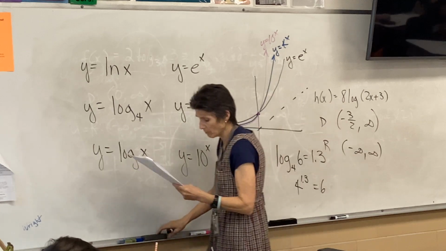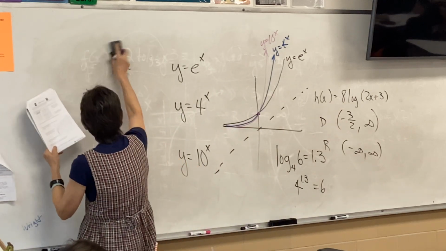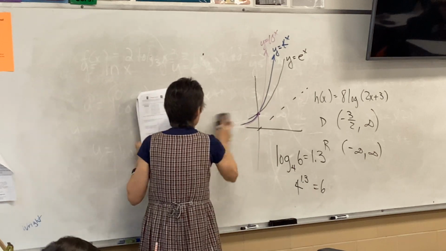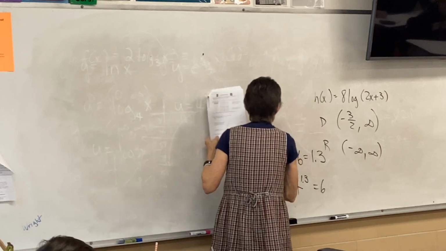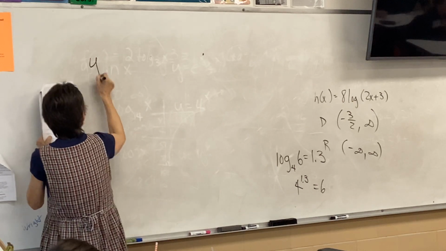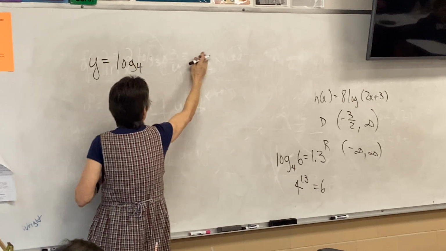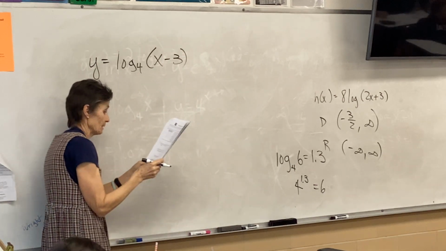Suppose we shift, number 5, suppose we shift the function y equals log base 4 of x to the right 3 units. So we're going to take our function and we're going to move it right 3 units. What's that equation going to look like? Log base 4 of x minus 3.